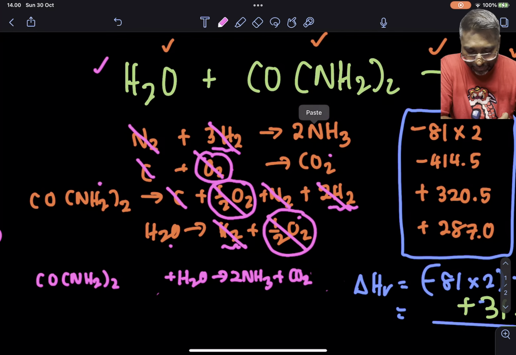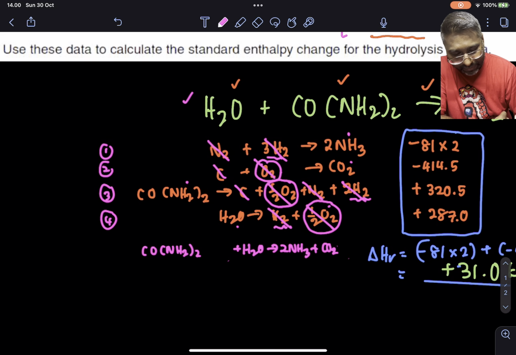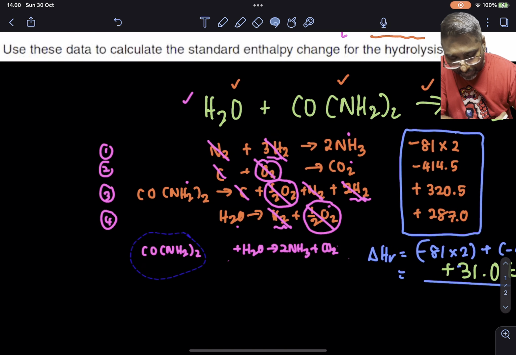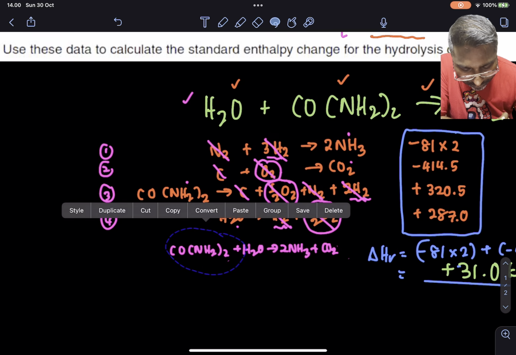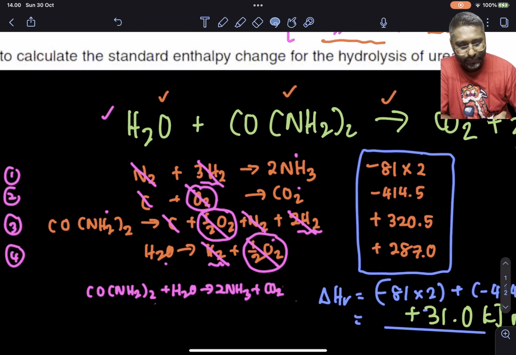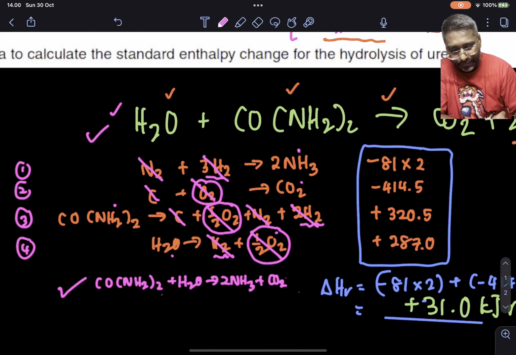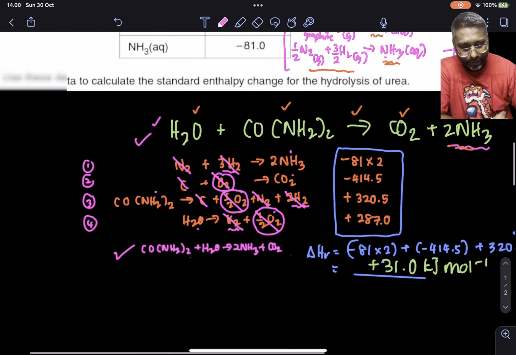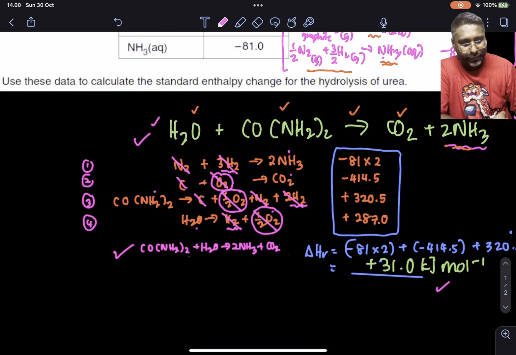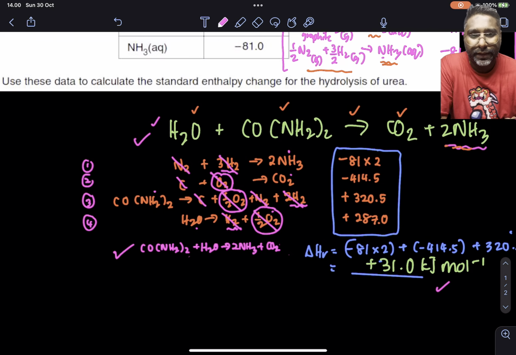So eventually you are going to get this particular reaction, which is the same as what we want to solve. So this particular equation is the same as this equation, and we have calculated for that equation as well. So this is the rearranging the equation method, method number 2.